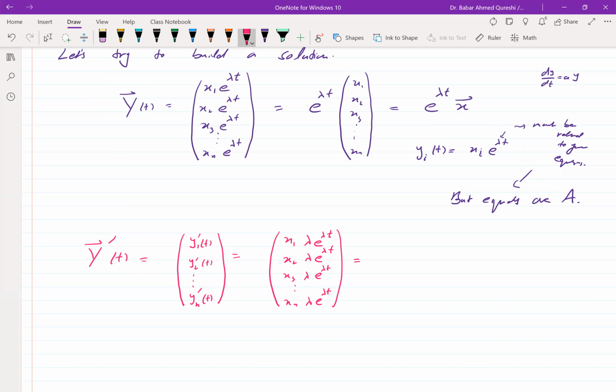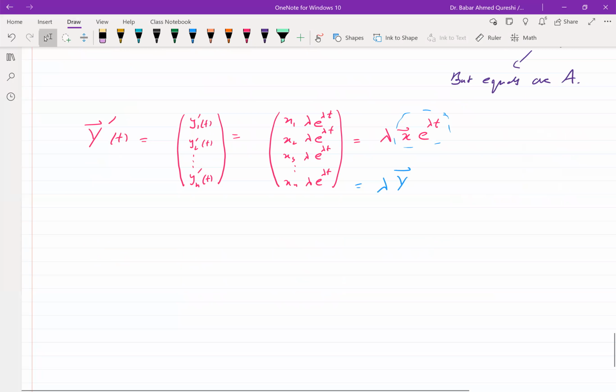So I can write this lambda outside, and I have e to the lambda t. But this e to the lambda t times the x, that's just y. So that means y dash of t would be lambda y.